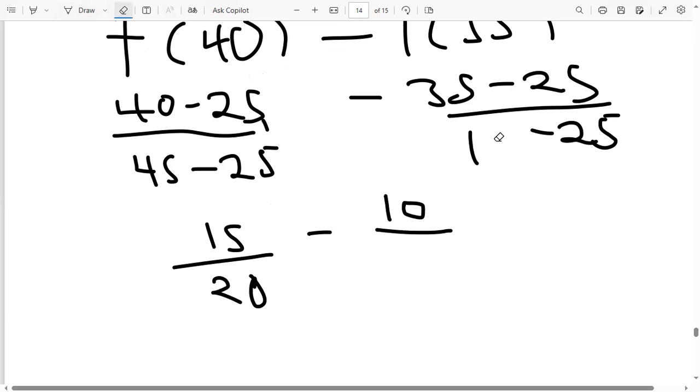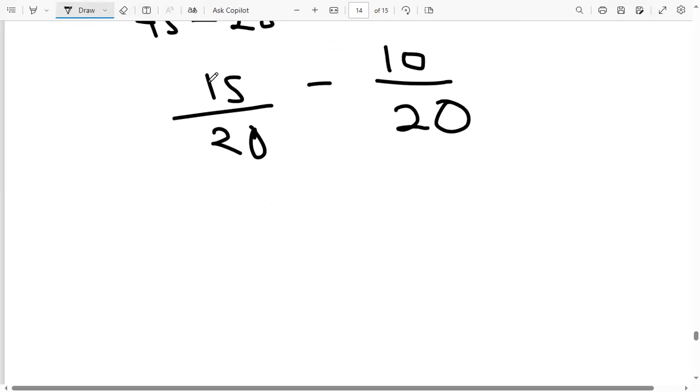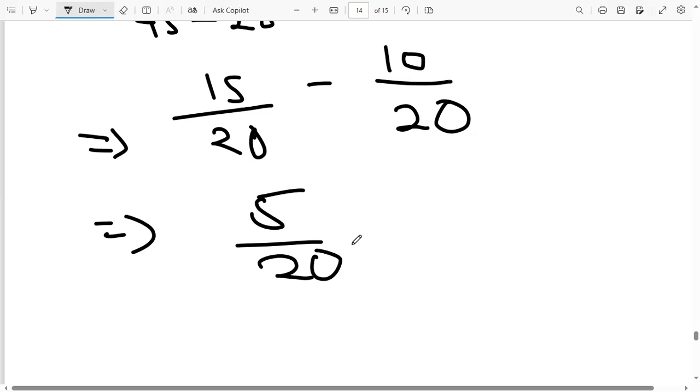So here should be 45 because this is the B, right? So 45 minus 25, it's going to be 20 as well, okay? So 15 minus 10, it's going to give you what? It's going to give you 5 over 20, which will be the same as 0.25.